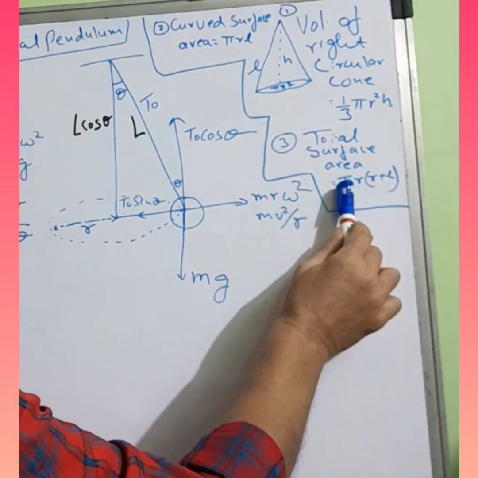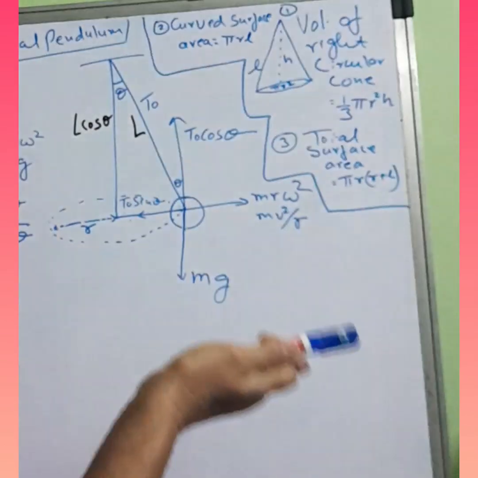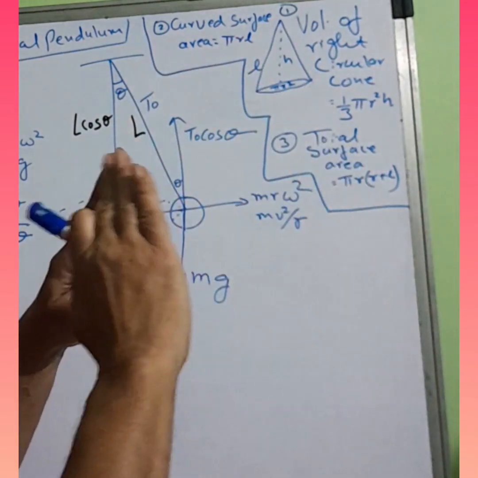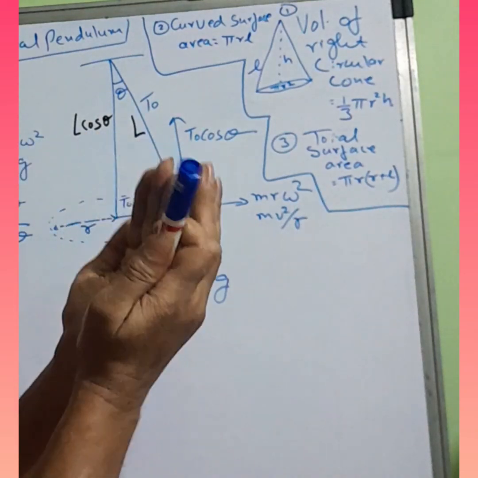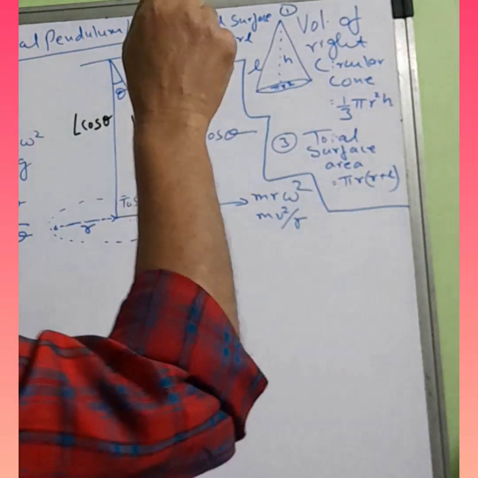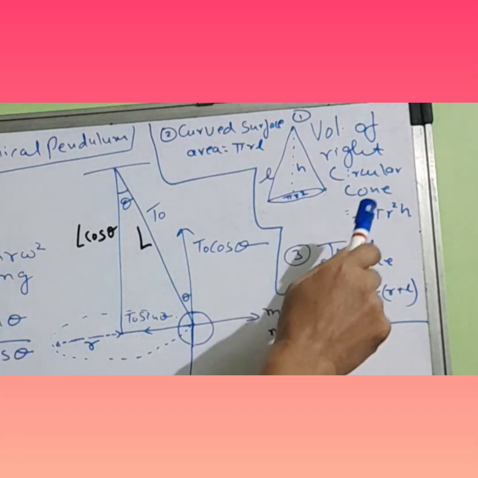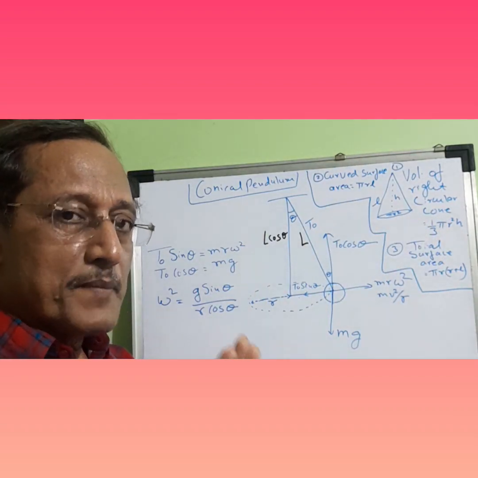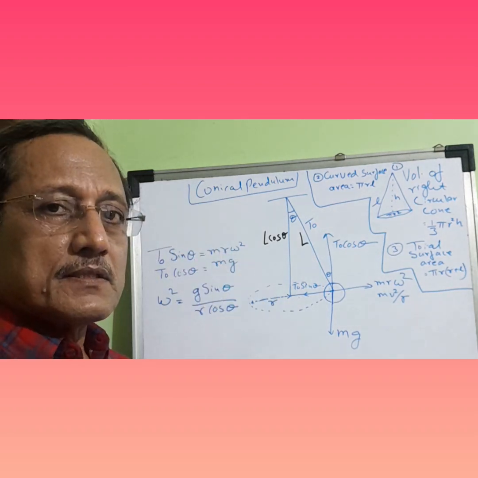Open up the bracket: pi r square is that of the circle, the lower part, plus pi r L, which is the side part, the curved surface area part. So that becomes the total surface area. And the volume of a right circular cone is 1 by 3 pi r square h. These are things we are also going to use in maths, so please keep them fit in your memory bank.